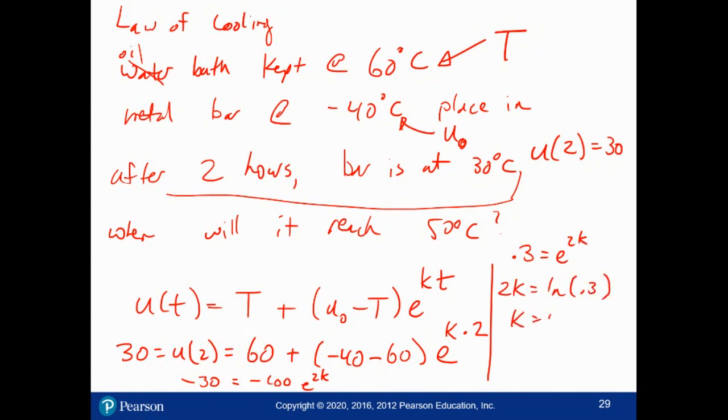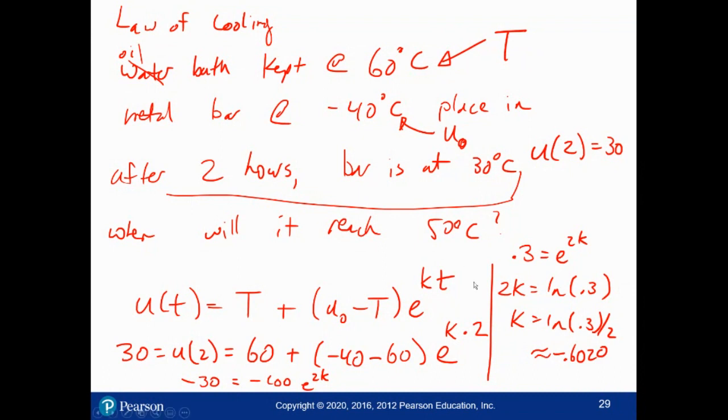Divide by 2. k is the natural log of 0.3 over 2, which is about negative 0.6020. So now I know my value of k.